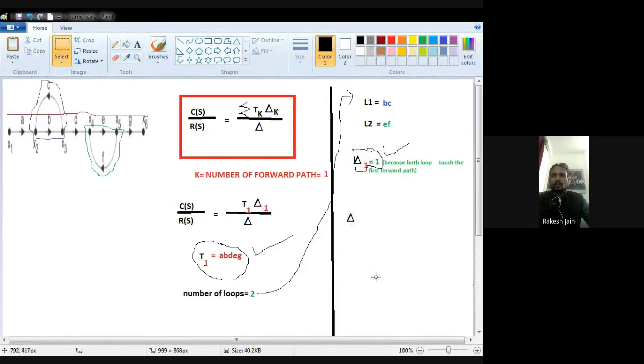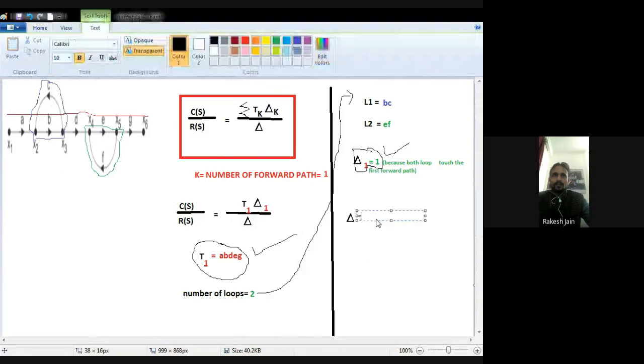I know del is equal to 1 minus the sum of all the individual loop gains.